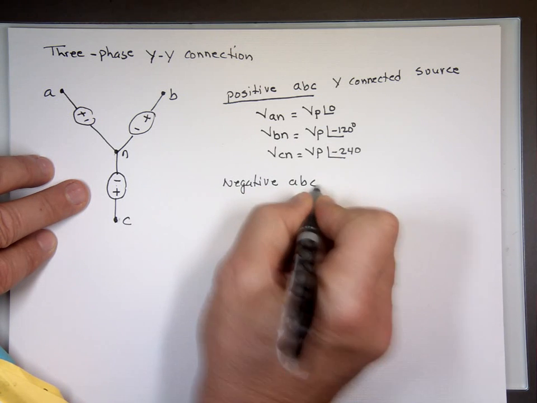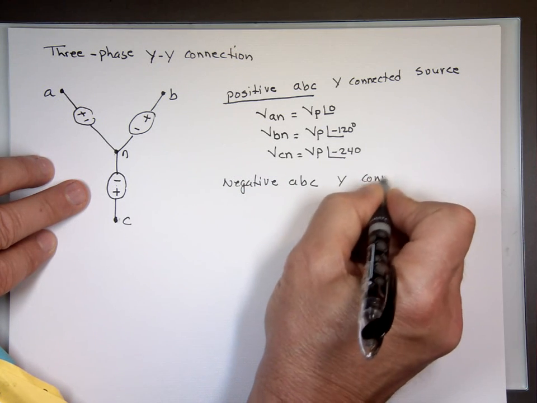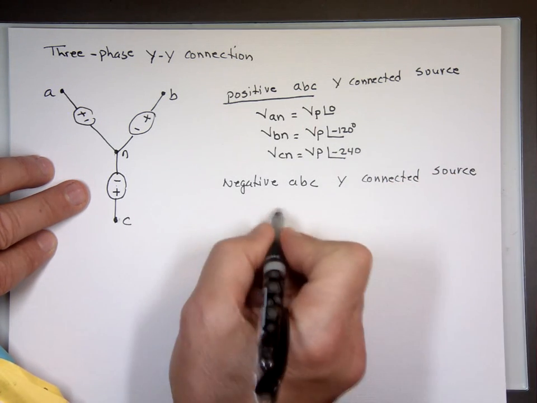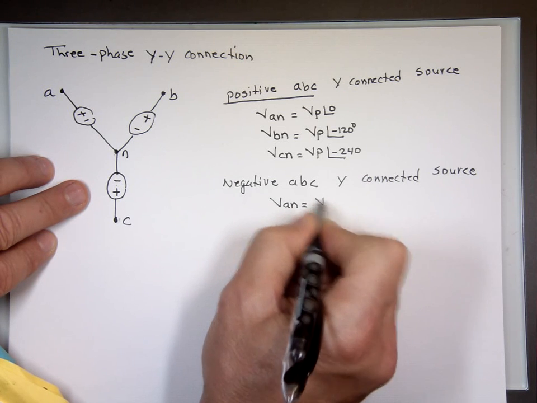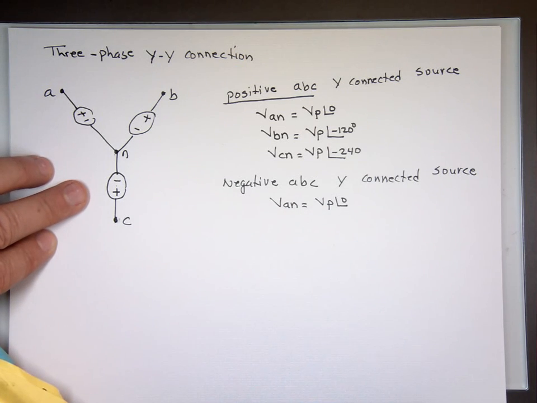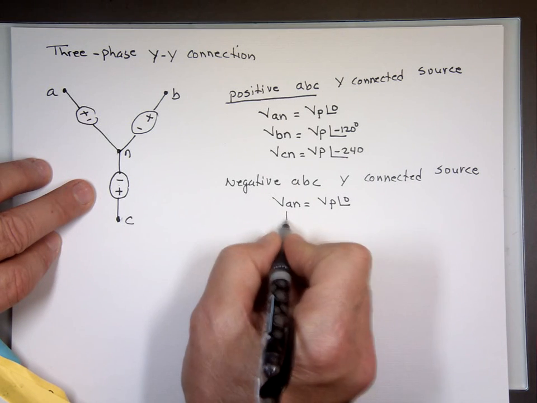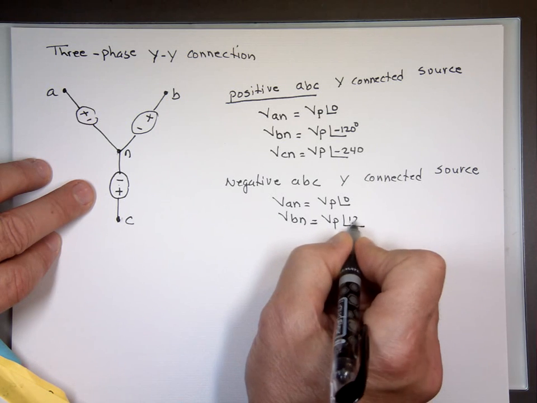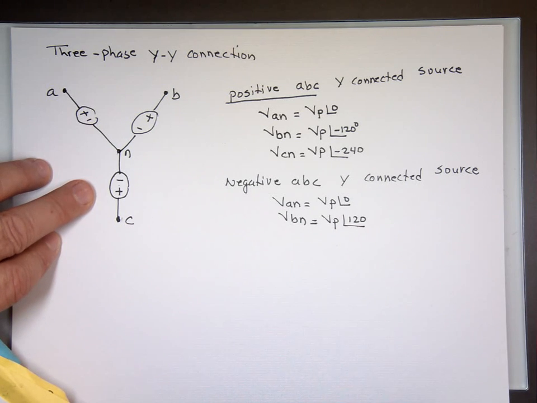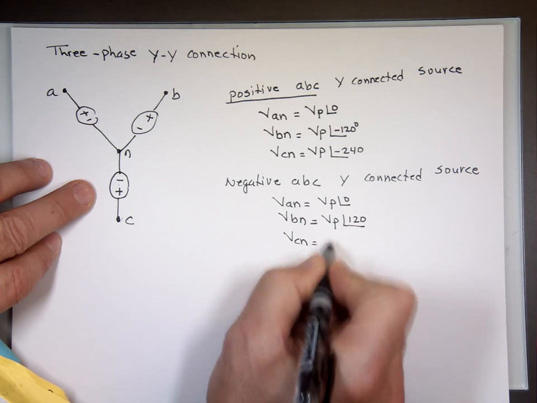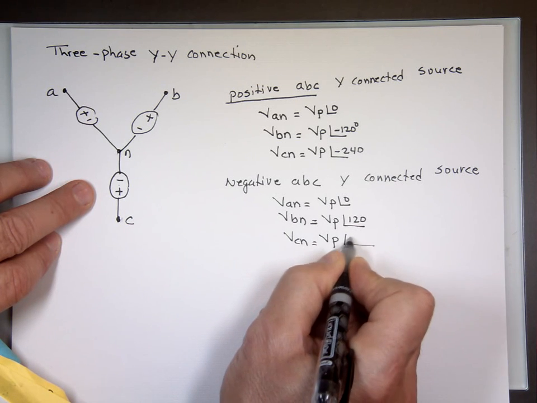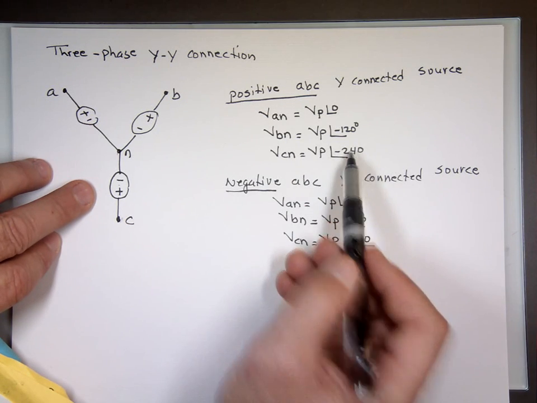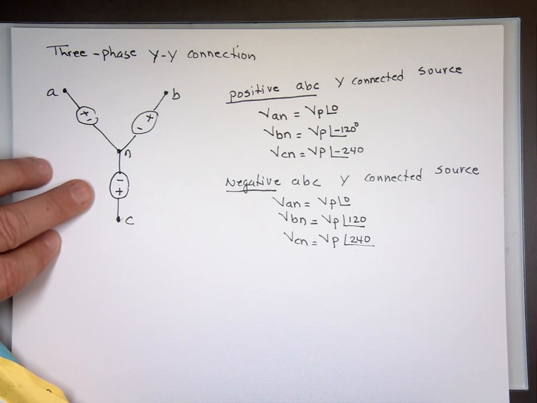Negative ABC Y connected source, then VAN will be VP angle 0, VBN will be VP angle 120, and VCN will be VP angle 240. Now, when you think about this, why not just call this negative because these are negative and call that positive because these are positive? Doesn't that make sense?